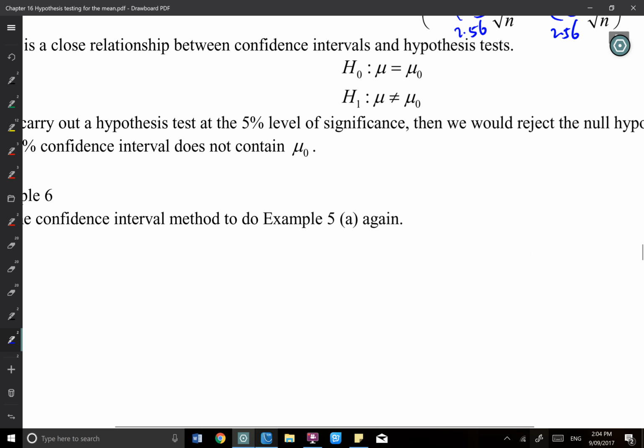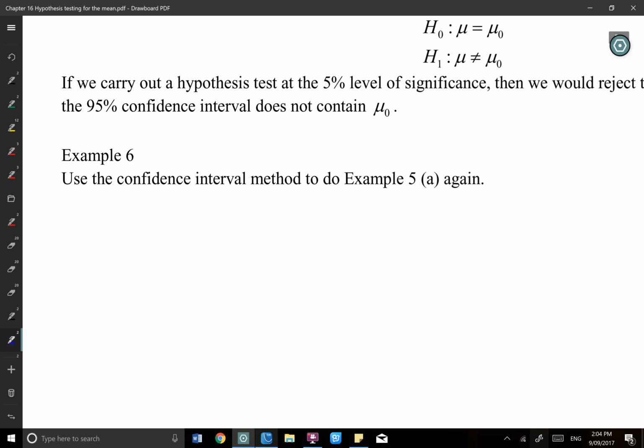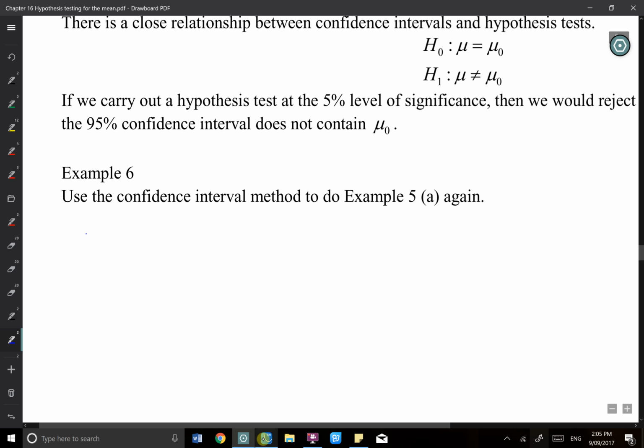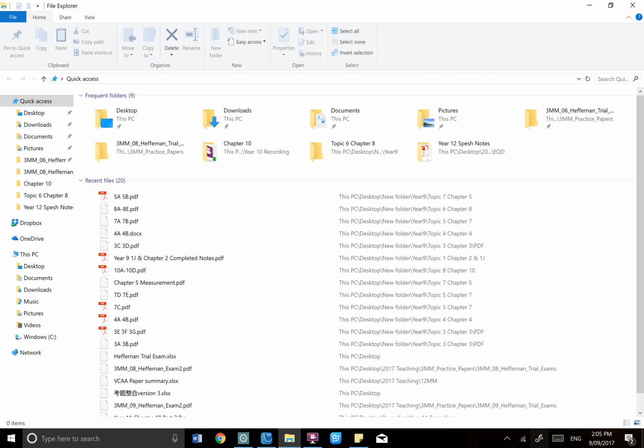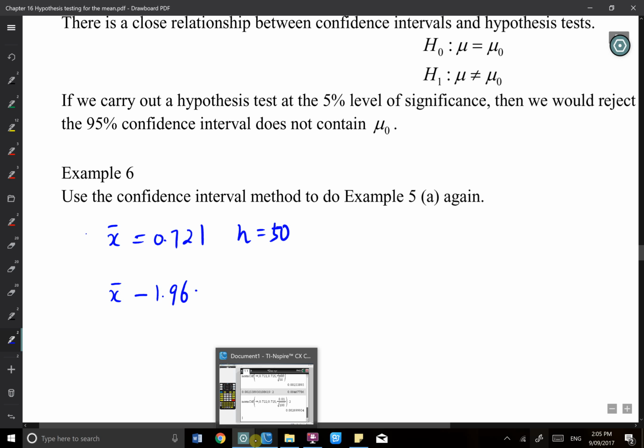Let's calculate. Example 6 says use the confidence interval method to do example 5a again. In 5a, we observe our X bar equals 0.721 and N is 50. So the confidence interval is X bar, at 95% because 5% significance level to reject, so it's 1.96 times the standard deviation 0.01 over the square root of 50.